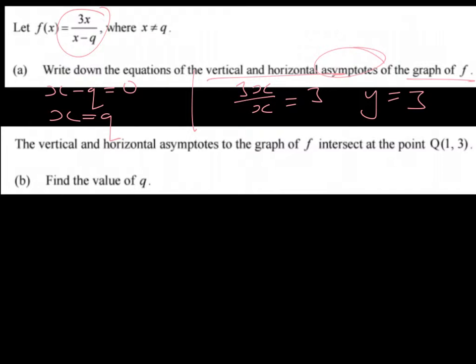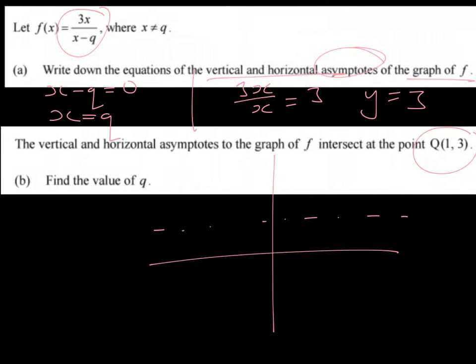And part B, the vertical and horizontal asymptotes of the graph of f intersect at the point 1, 3. So if you imagine, we know the horizontal asymptote already is y equals 3, and we've got x minus q. So we can see that we've got asymptotes to the graph, and we know that these asymptotes both intersect at this point here.